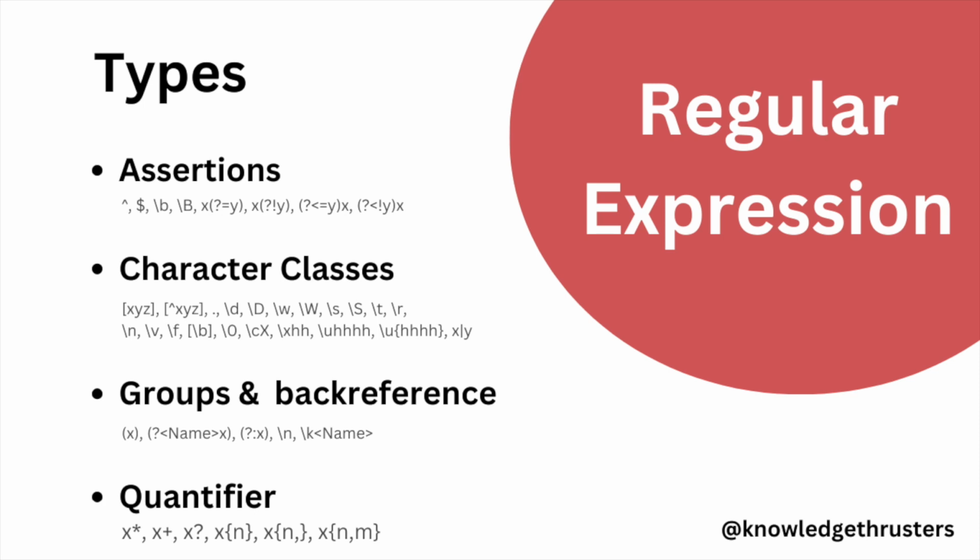Quantifiers indicate the number of characters or expressions to match. In the example you have seen plus, which means as many times as possible. That's a quantifier example, where a number of times is specified. All these types we will be seeing in detail in upcoming videos.